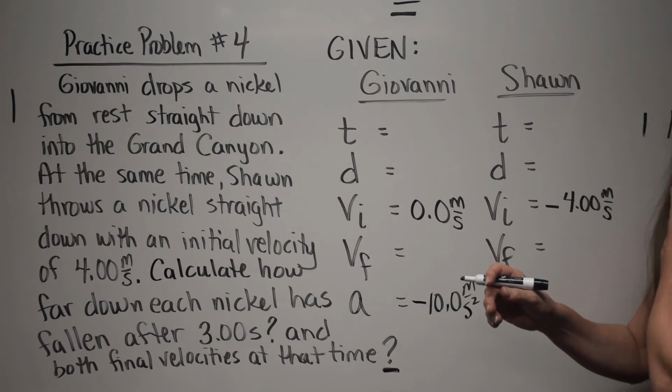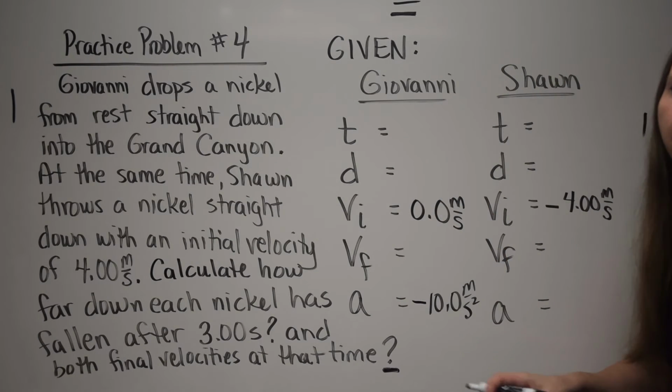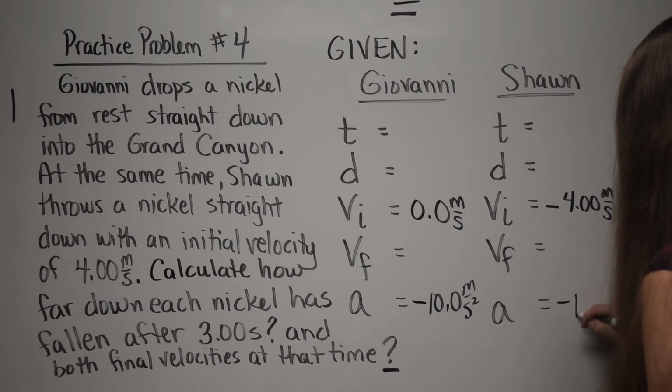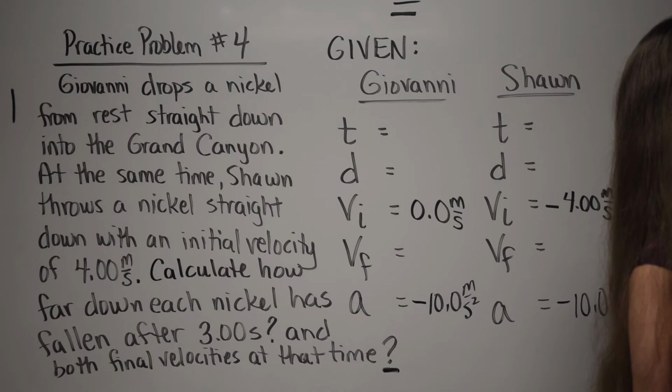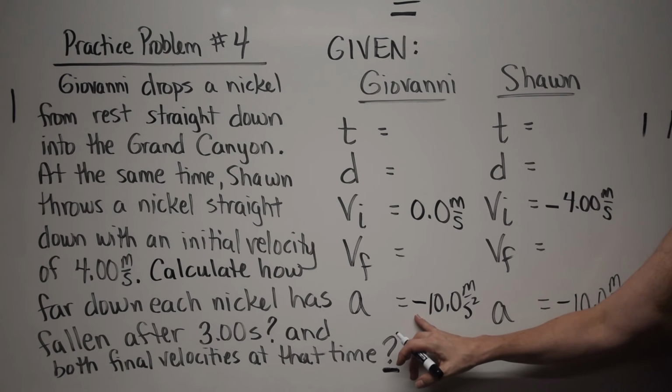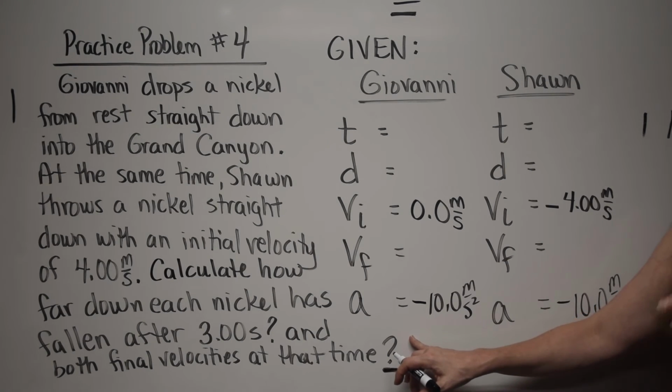That goes for the nickel that Giovanni dropped and the nickel that Sean threw down. So this is negative 10 meters per second squared. The rate of acceleration is the same, and because the Earth is pulling the objects down, it's a negative acceleration.